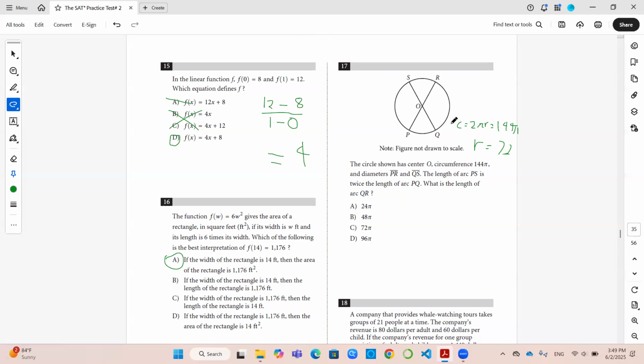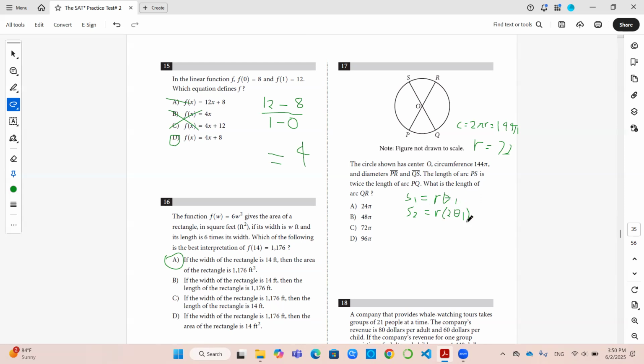So QR and PQ have the same arc length, and I can write a relationship here. So S1 is equal to R theta 1, and S2, because it's saying twice, we're going to have to say 2R times 2 theta 1.